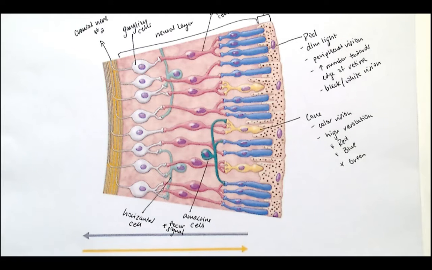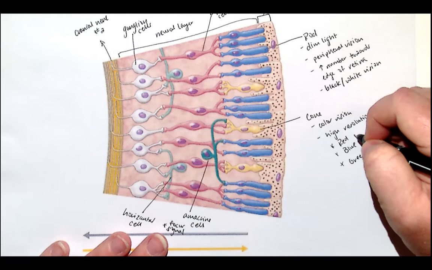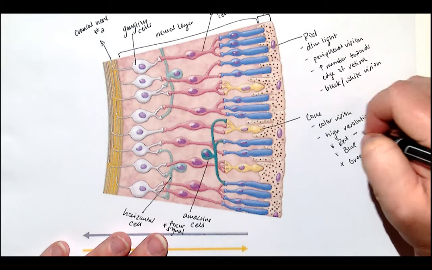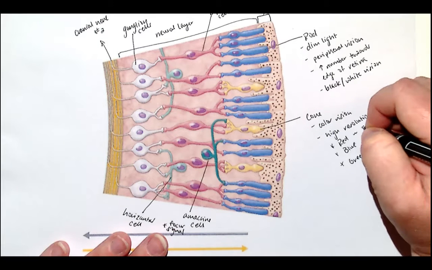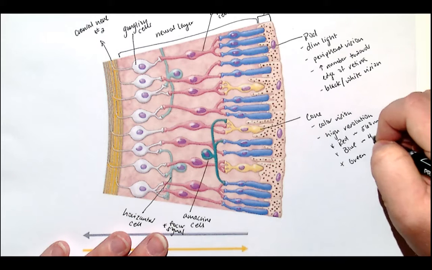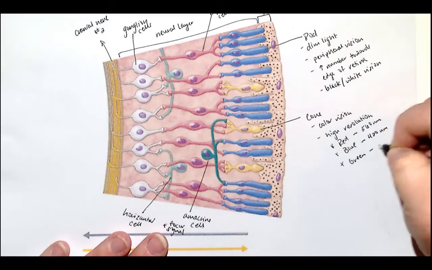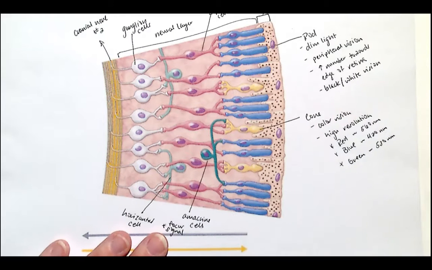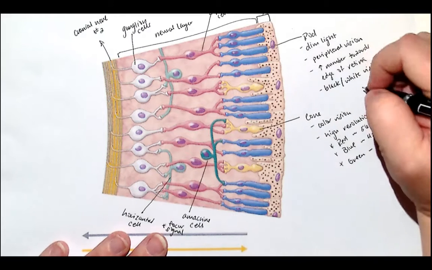So a red cone is going to respond to a photon at a 560 nanometer wavelength. A blue is 420. Rods respond to about 500 nanometer wavelength light.